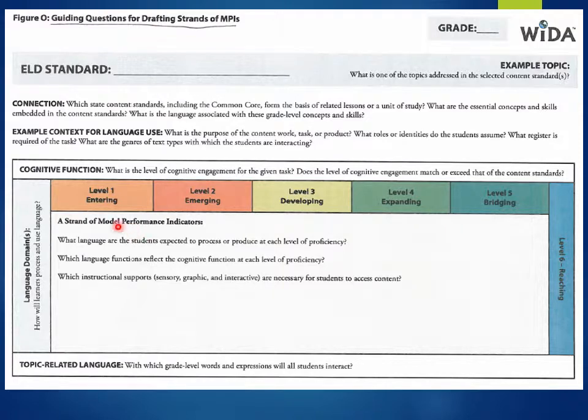And then you're going to ask these questions so that you can compose your model performance indicators, right? What language are the students going to use and at what level of proficiency, okay? What level of proficiency are your students at, okay? And then what instructional supports will be the most efficient for your students to use to access the content.